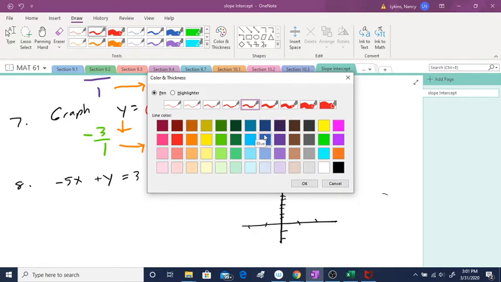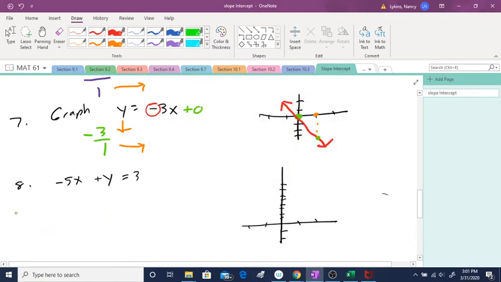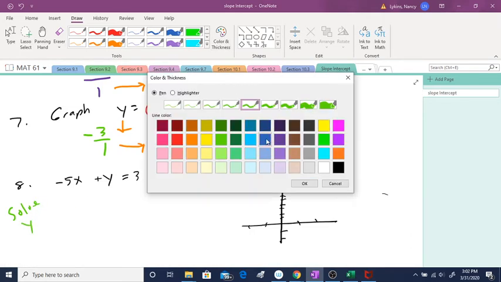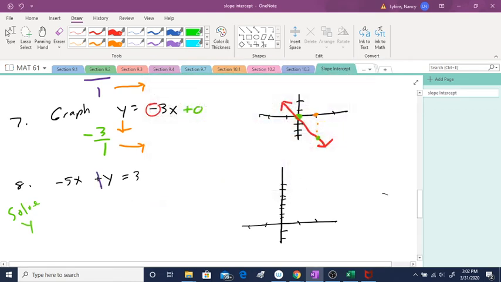Well, just remember, anytime you have an equation and you want to graph it, you can solve for y. So I'm going to put a box around this y, and I need to solve for y.